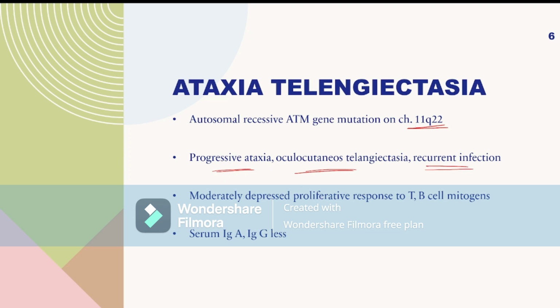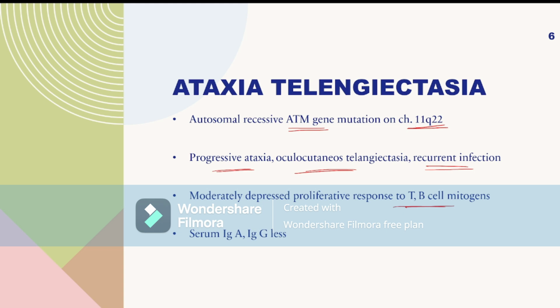and the child suffers from recurrent infection. In ataxia telangiectasia, the ATM gene is mutated and there is moderately depressed proliferation of T cell and B cell to mitogen. That means if any antigen is present in the body, then B cell and T cell will not proliferate to the extent that the child is protected from virus and bacteria by the immunoglobulin or the B cell.